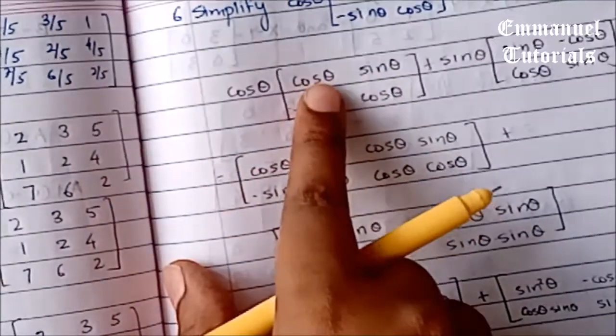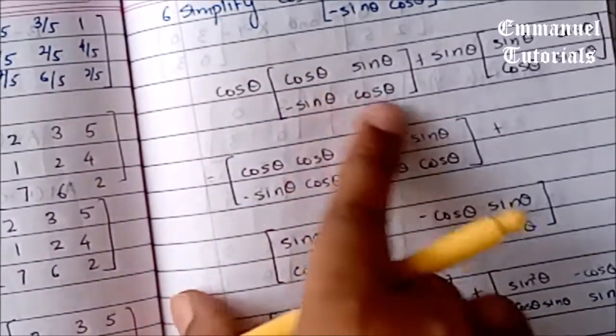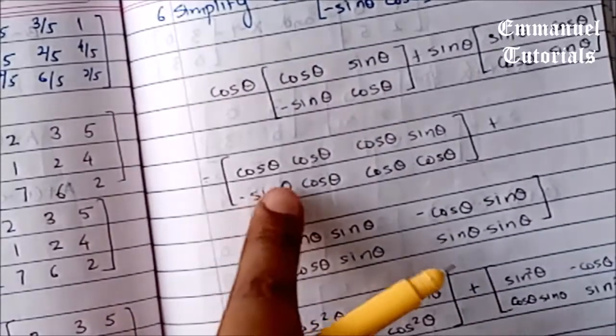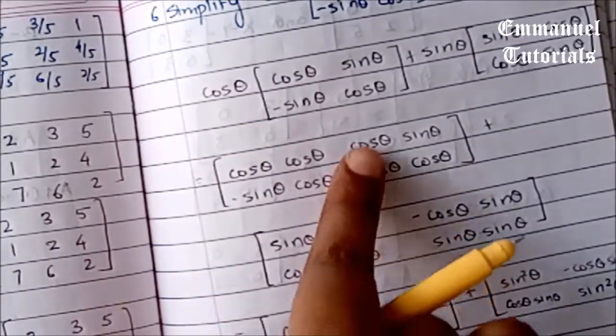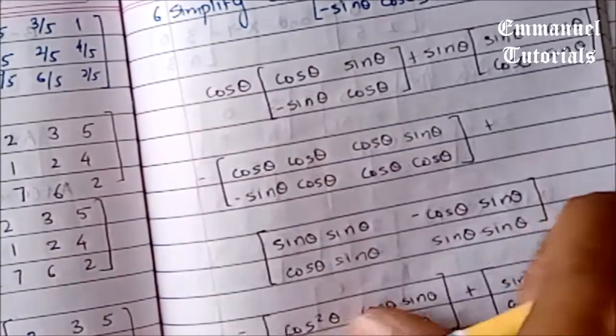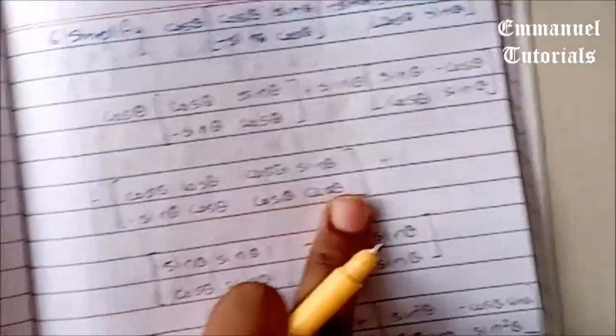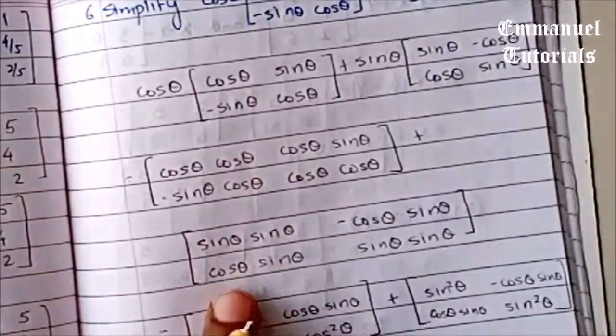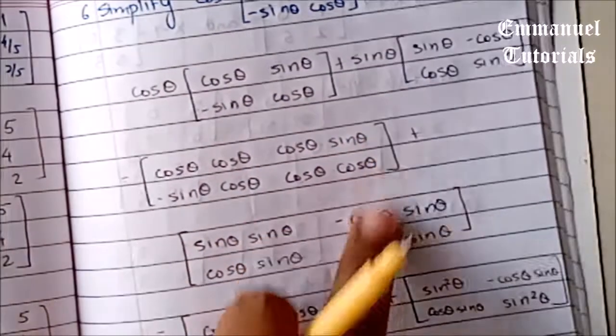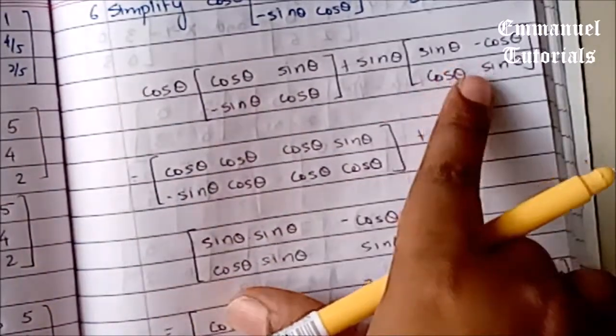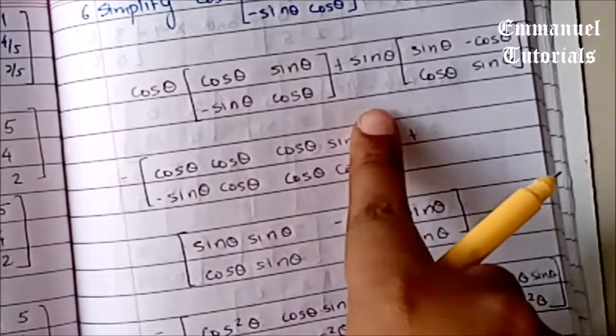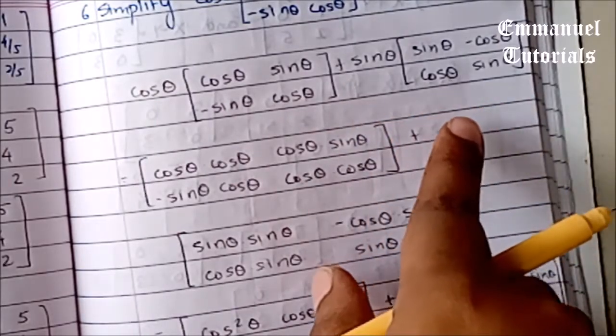It will be cos theta into cos theta, cos theta into sin theta, minus sin theta into cos theta, and cos theta into cos theta, plus sin theta into sin theta, because we are multiplying the second matrix by sin theta, minus cos theta into sin theta, cos theta into sin theta, and sin theta into sin theta.